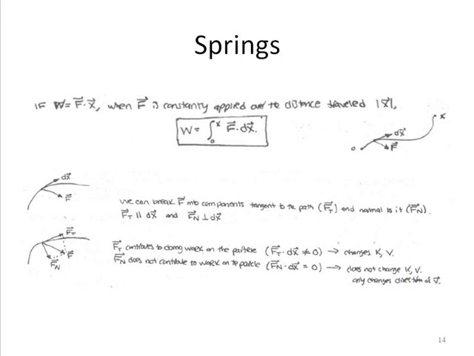Before we talk about springs, let's just back up a little bit and consider forces and work from the perspective of vectors. We define work as the scalar product of the force and the displacement, where the force is constantly applied over the distance traveled. We just get this expression, W equals F dot x.